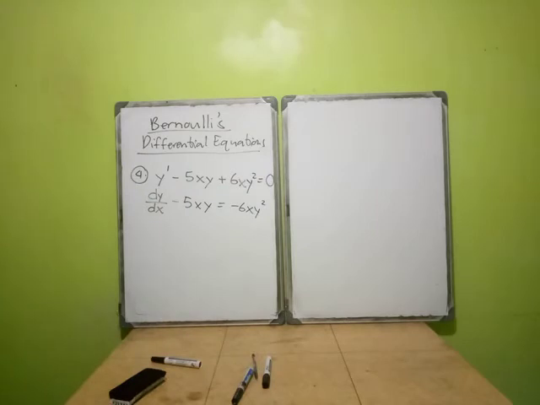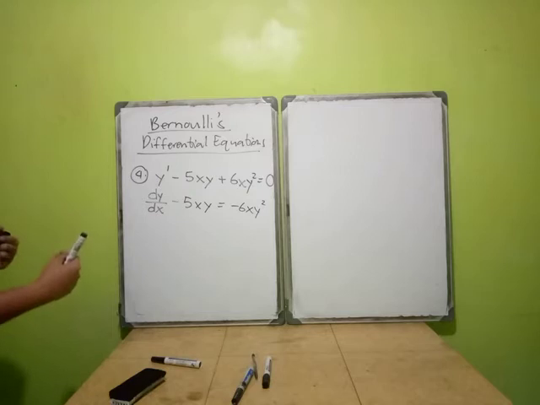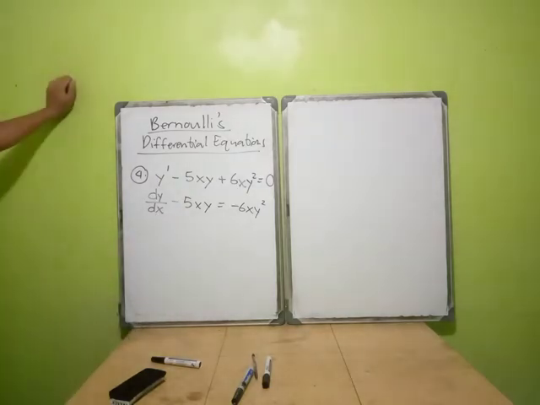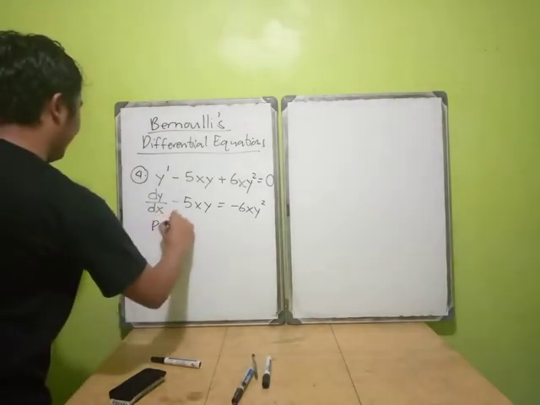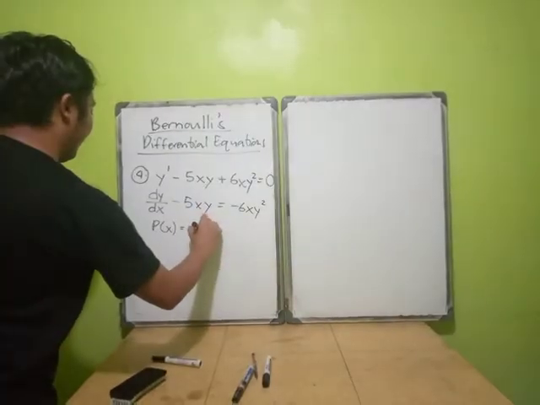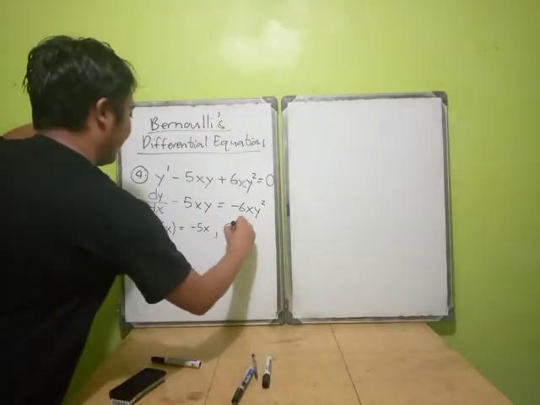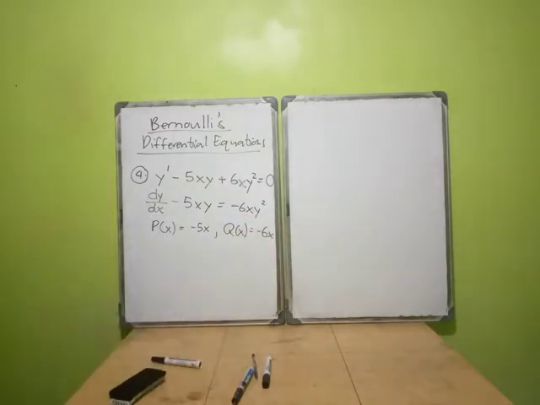So, as you can see, pwede natin ma-identify saan dito si px, saan dito si qx. So, si px here is negative 5x. And then the qx here is negative 6x. Okay? So, ganyan.